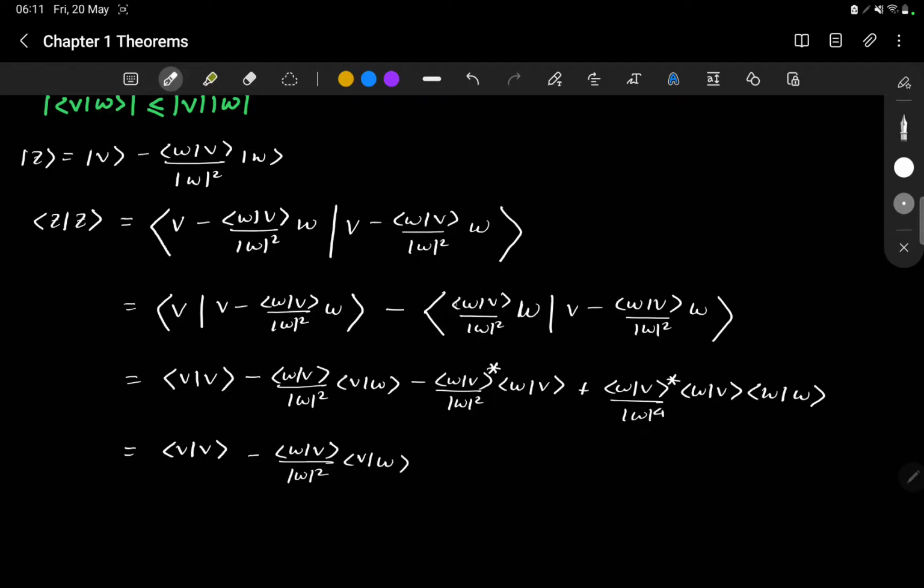So basically we had this inner product of w and v, and since it is in the bra format, we have the complex conjugate of it over here. Then we have this inner product of w and v, and then inner product of w and w. So this is the correct term. I had written it down incorrectly a few minutes ago.